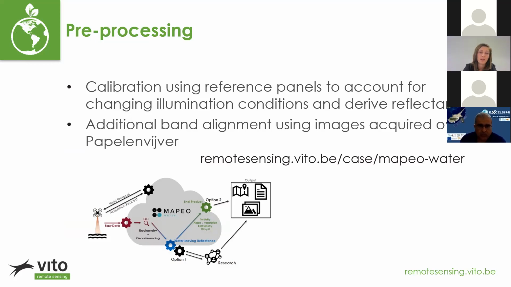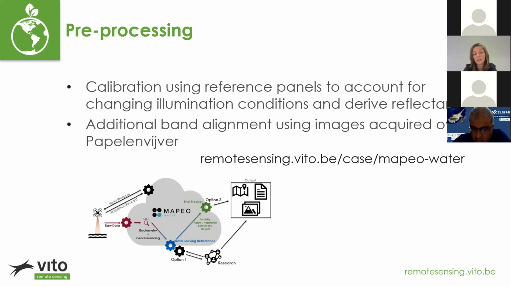Now, analyzing the multispectral data is a little bit more complex than the RGB data, because we want to retrieve real quantitative information. We want to retrieve real reflectance information from the MicaSense data set. This means we have to turn the raw data into reflectances, and we are using our Mapeo Water processing platform for this. This was designed by my colleague Robrecht. Mapeo Water is an online cloud-based platform.